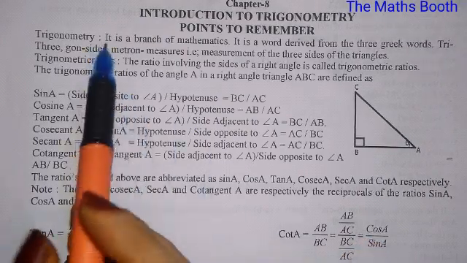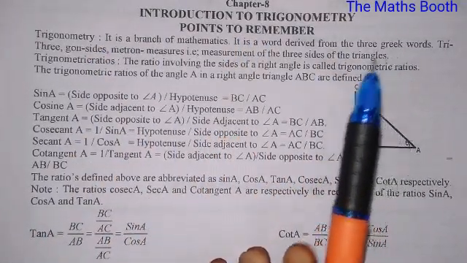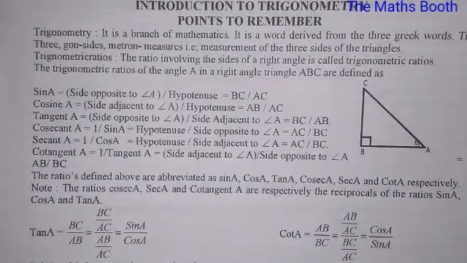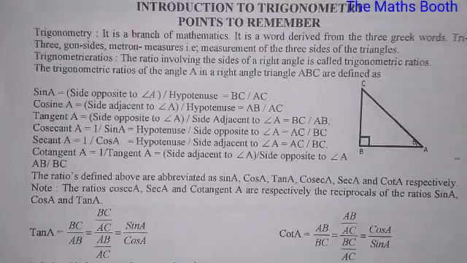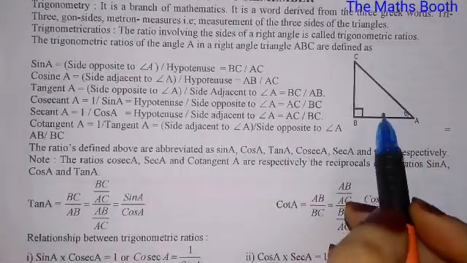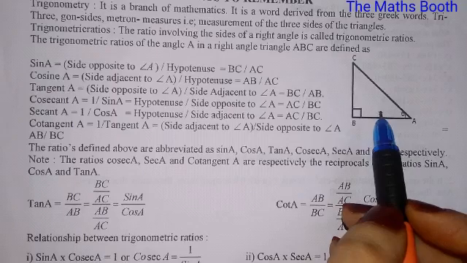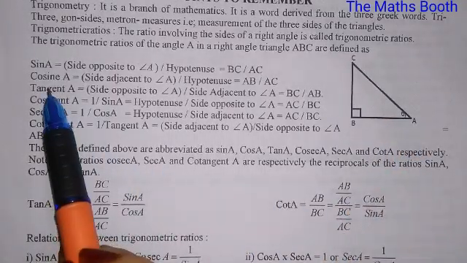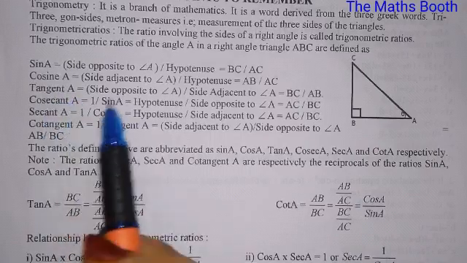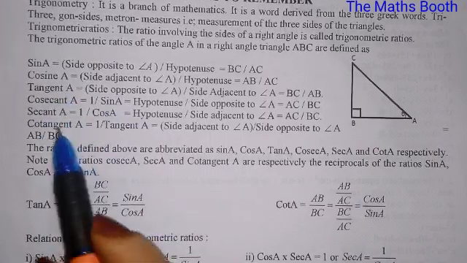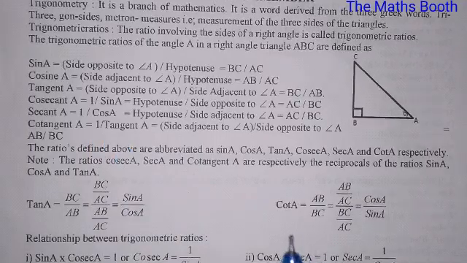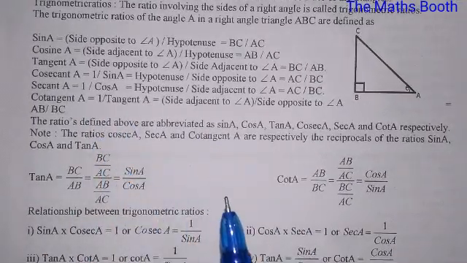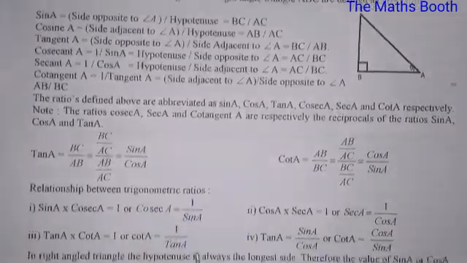So here these are the basics of trigonometry, we all know about it. In trigonometry the very important thing is formula, and we all know that trigonometry is completely based on the right angle triangle. We know the trigonometric functions, that is sin theta, cos theta, or sin A, cos A, tan A, cosec A, sec A, and cot A, and also the reciprocal ratios of all trigonometric ratios.